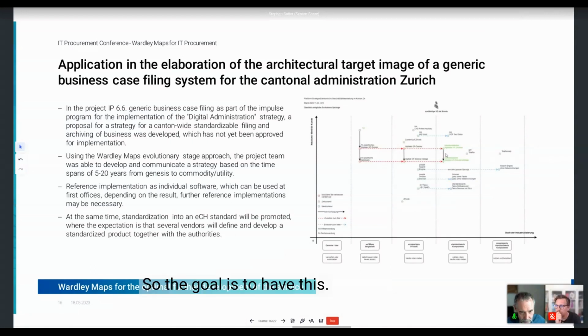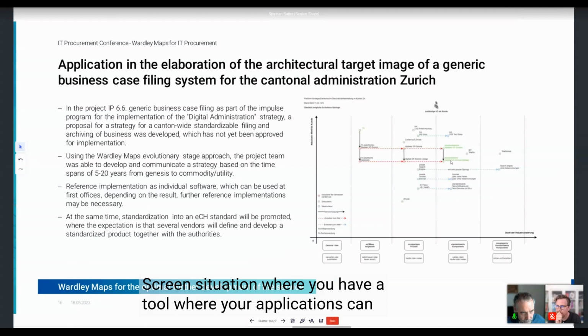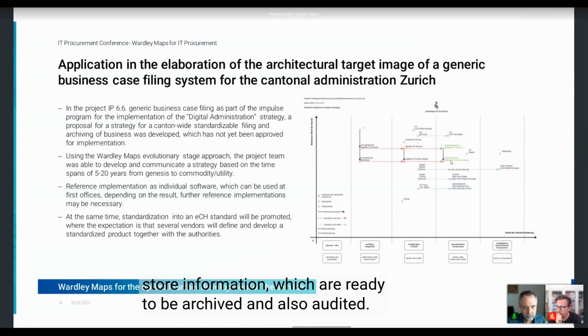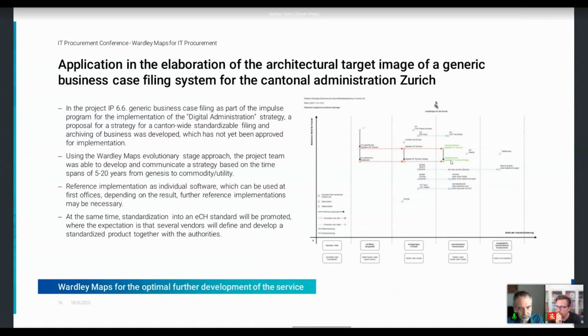So the goal is to have this green situation where you have a tool where your applications can store information which are ready to be archived and also audited.